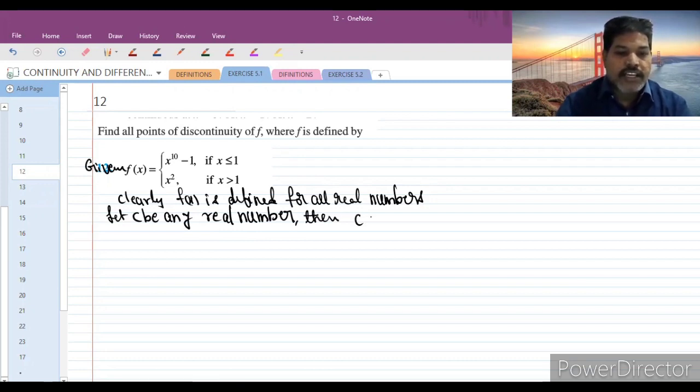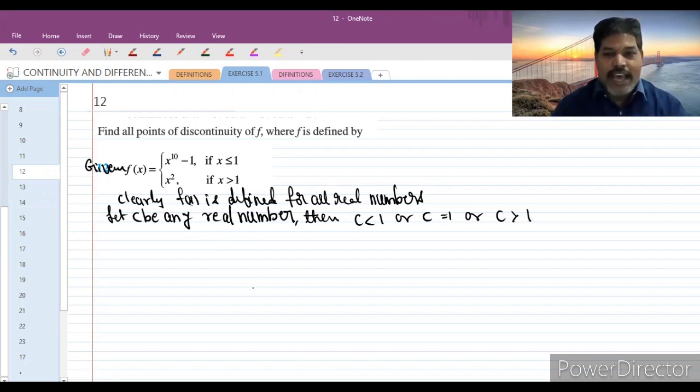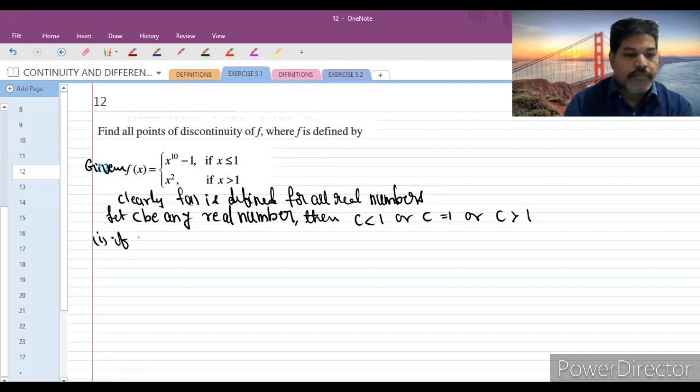Then c is less than 1, or c is equal to 1, or c is greater than 1. Three cases arise. So the first case, case 1, is if c value is less than 1. If c is less than 1, then what is f of c, students?